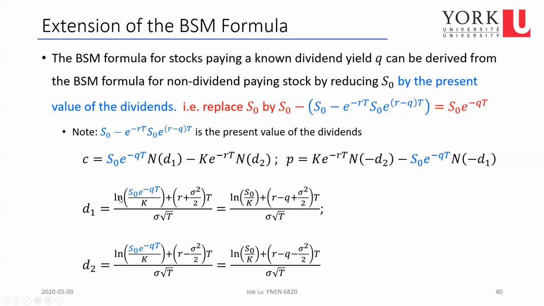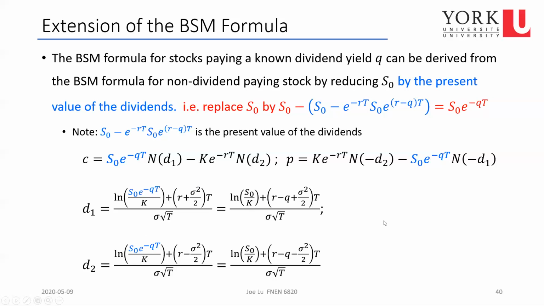Now, if you do that for this part, because you have a log here, log of e to the power something would just be minus qT. So you can bring this out, and minus qT here. So instead of r plus this thing times T, you have r minus q times T. Same thing for d2.